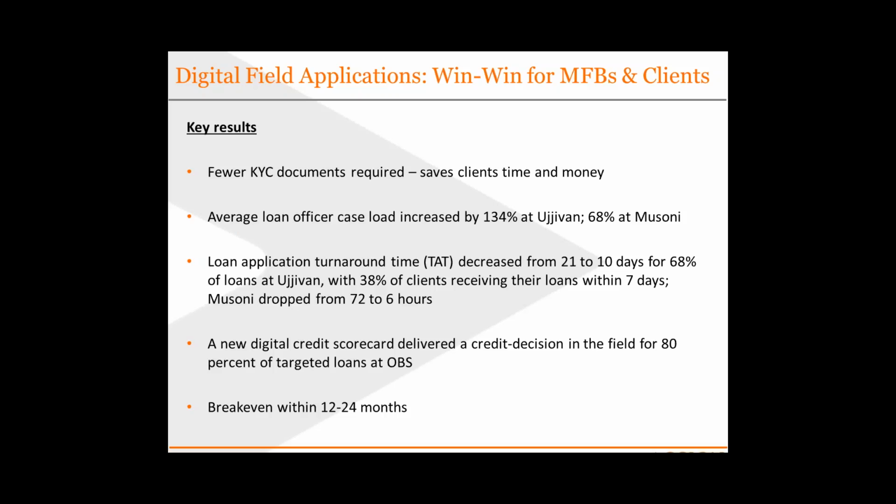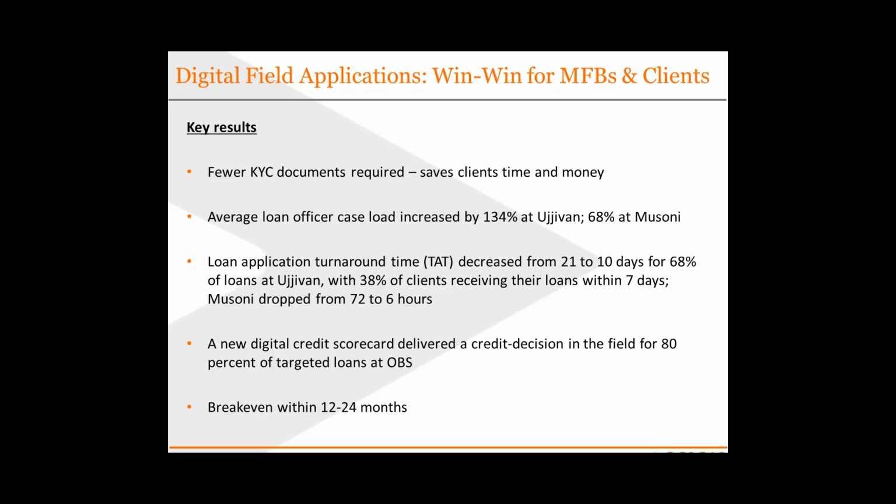So along with loan officer caseload increasing, the turnaround time did decrease as well. An average decrease from 21 to 10 days for 68% of loans at Ujjivan, and 38% of clients received their loans within 7 days. Musoni dropped from 72 to 6 hours.